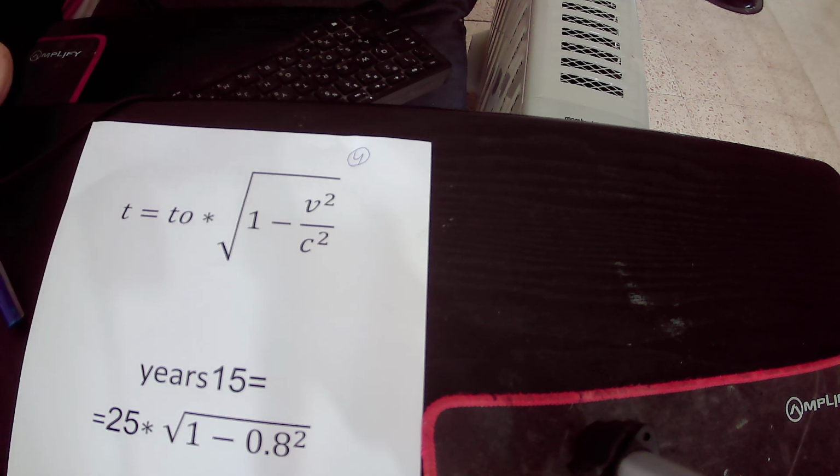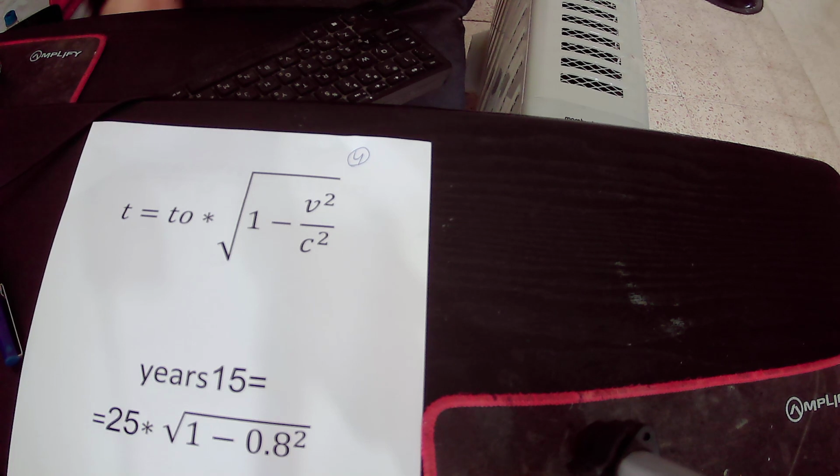So the total time that has passed in the spaceship for the twin brother that travels at the speed of 240,000 kilometers per second is 15 years only. When he returns to Earth, he will be 10 years younger than his twin brother that stayed on Earth.